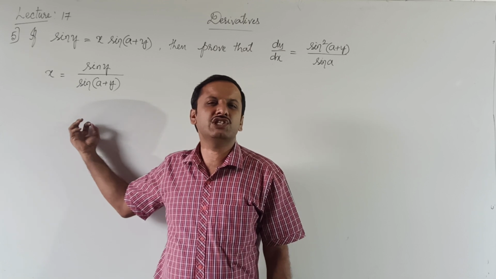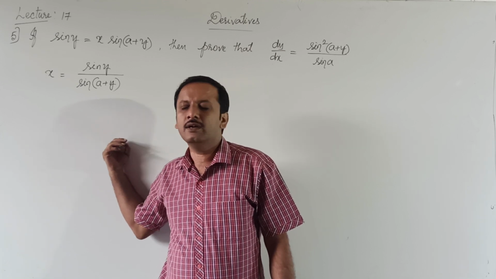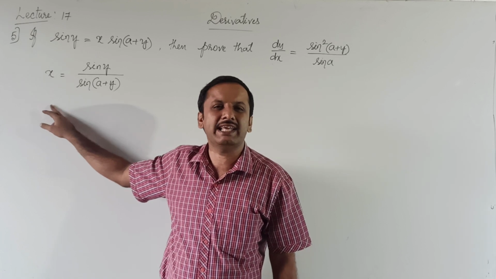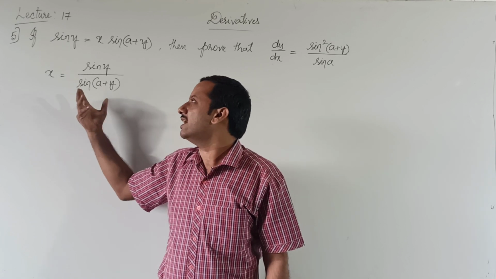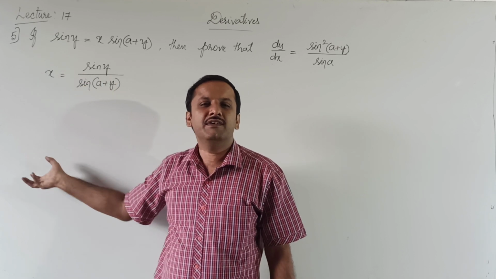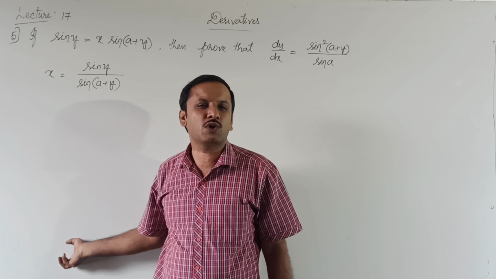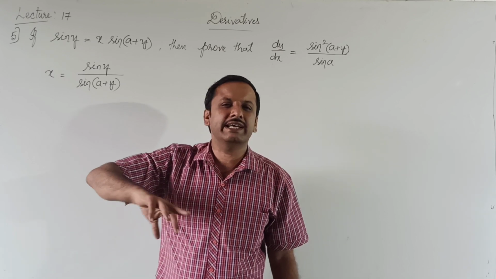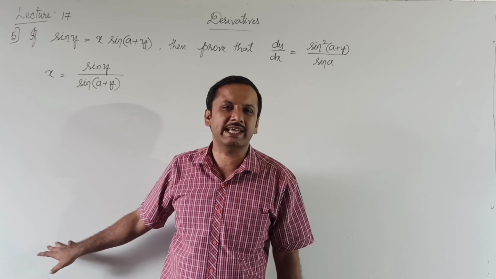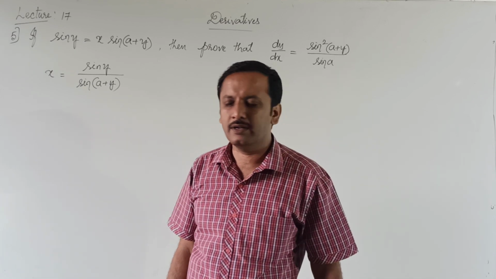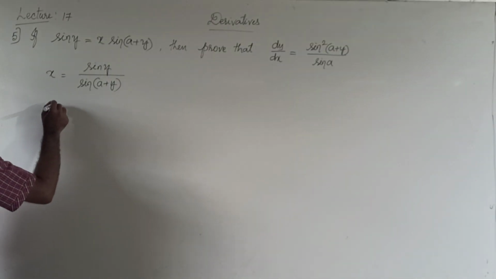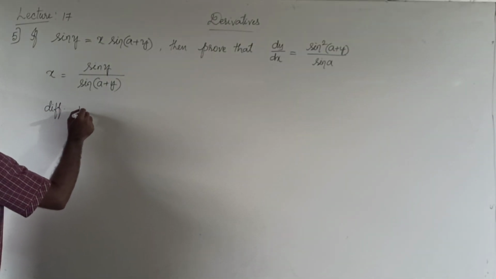Now we will differentiate this with respect to y. When I differentiate x with respect to y, we get dx by dy. Okay. Since we are differentiating it with respect to y, the answer will be in terms of y. We will get dx by dy in terms of y, and in the last step we will take the reciprocal, so that we will get dy by dx, which will also be in terms of y. Okay. So now in this particular problem, we shall differentiate this with respect to y.